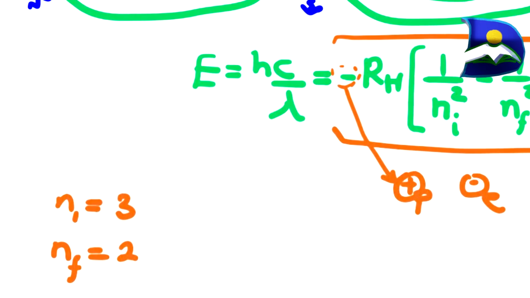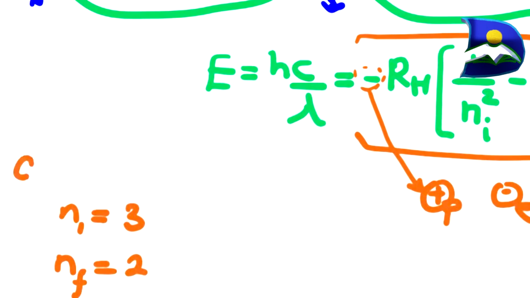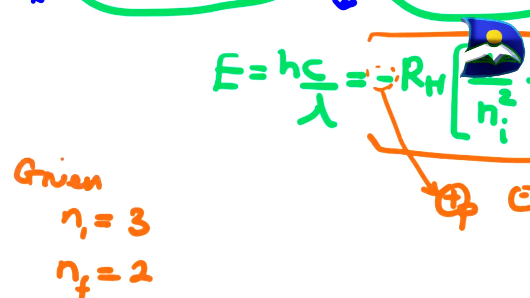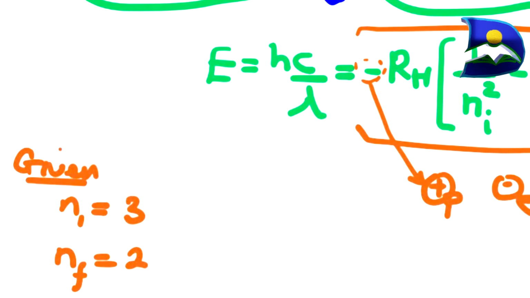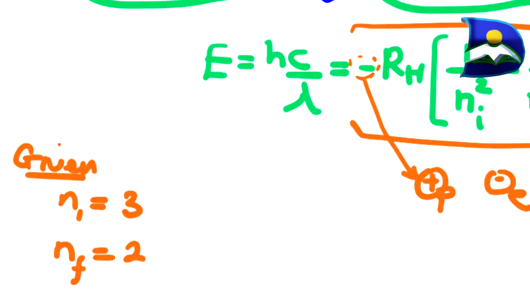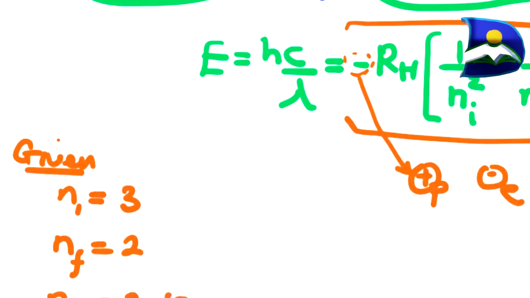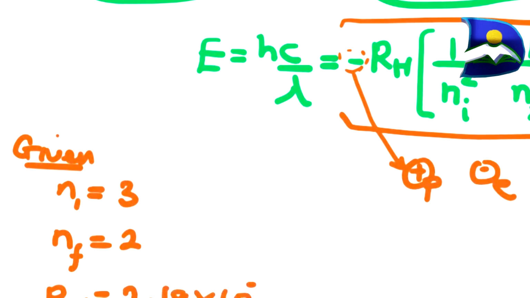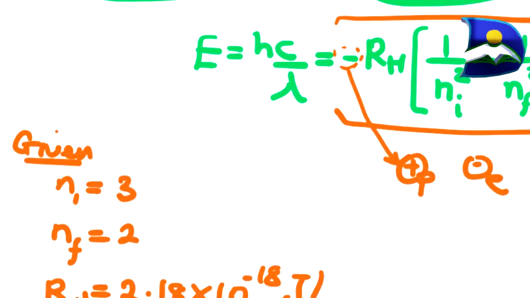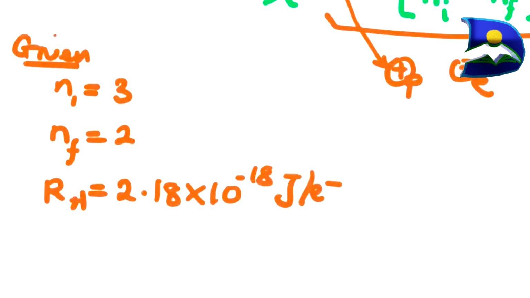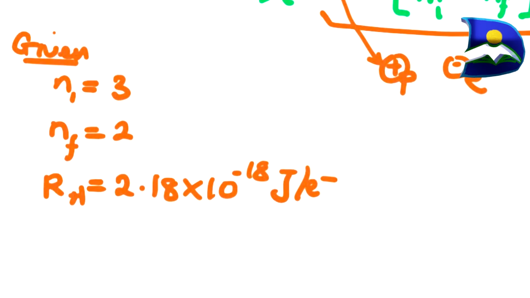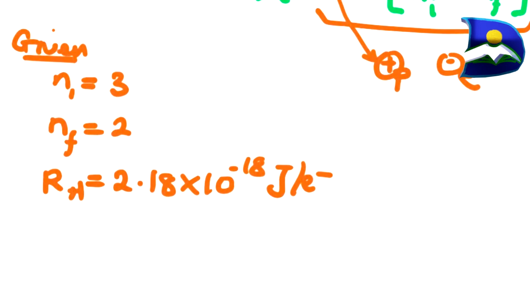And once we have those givens, and we know that RH, the Rydberg constant, is equal to 2.18 times 10 to the negative 18 joules per electron, we'll be able to determine what the energy is, and hopefully from there what the specific wavelength is.